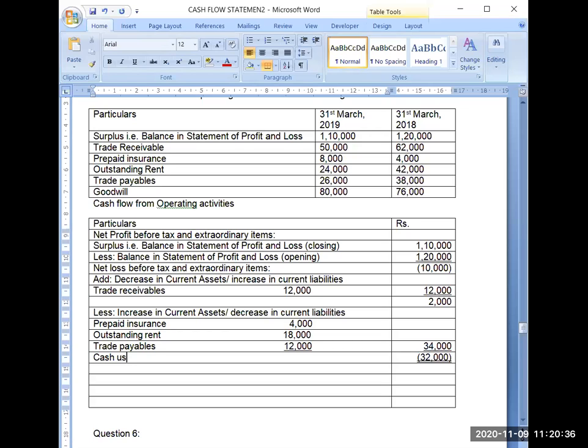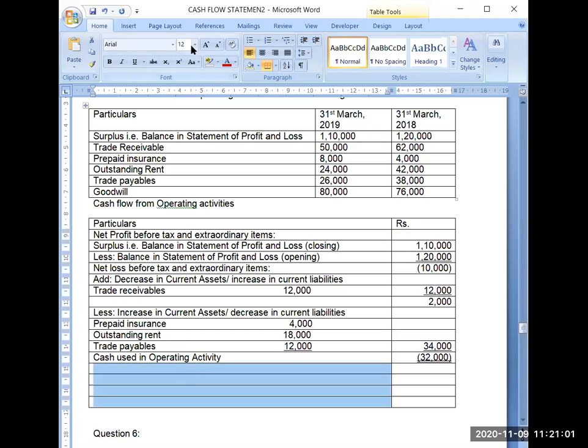So it will be termed as cash used in operating activity. So if the answer is negative, then the term used is cash used in. And if the answer is positive, then the term used is cash flow from.